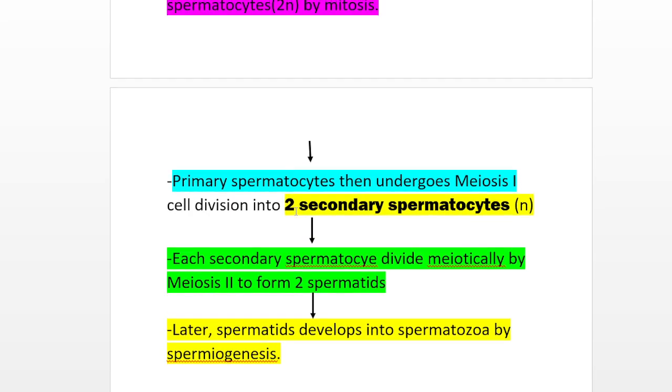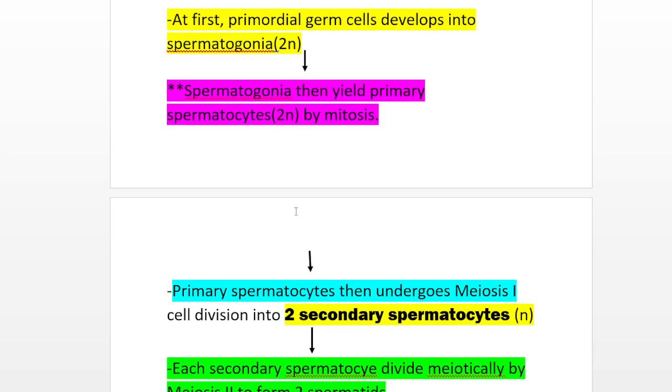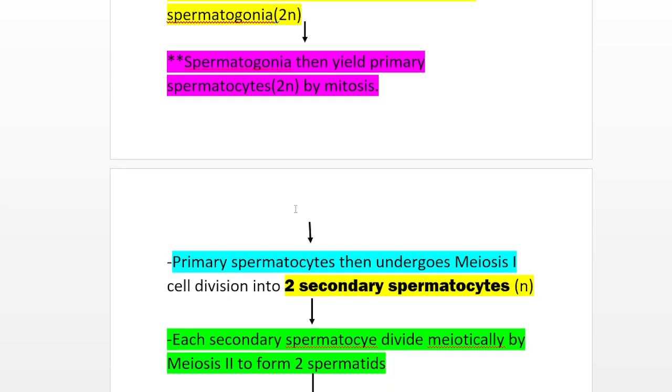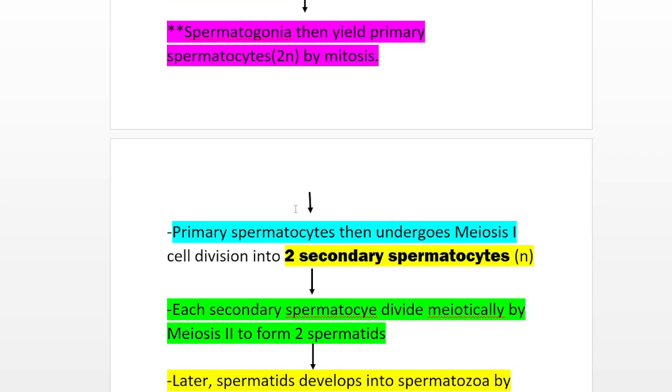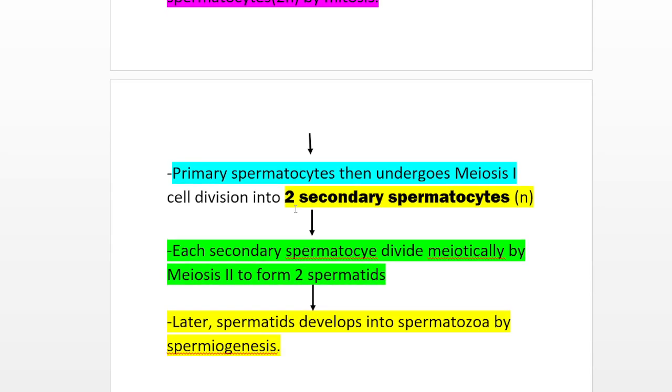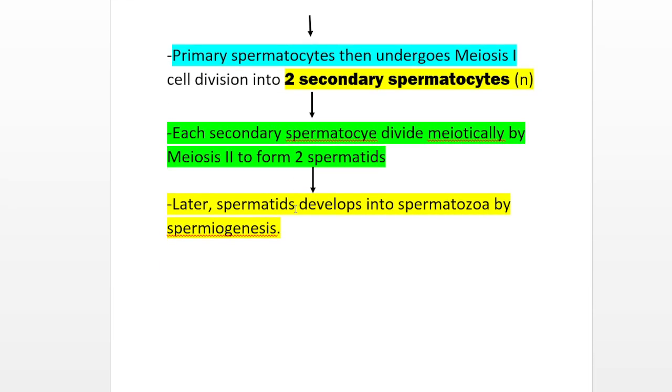So in spermatogenesis, the primordial germ cell first develops into spermatogonia, which undergoes mitosis to form primary spermatocyte. The primary spermatocyte undergoes meiosis to form two secondary spermatocytes, and each secondary spermatocyte undergoes meiosis second cell division to form spermatids.